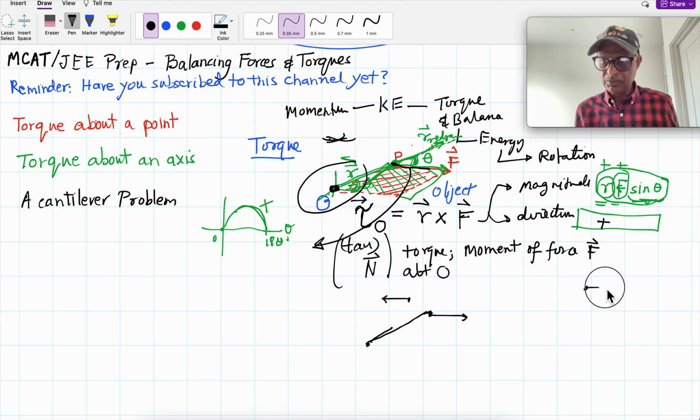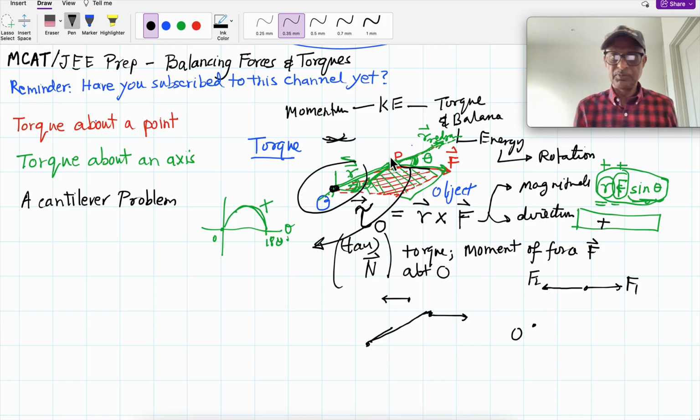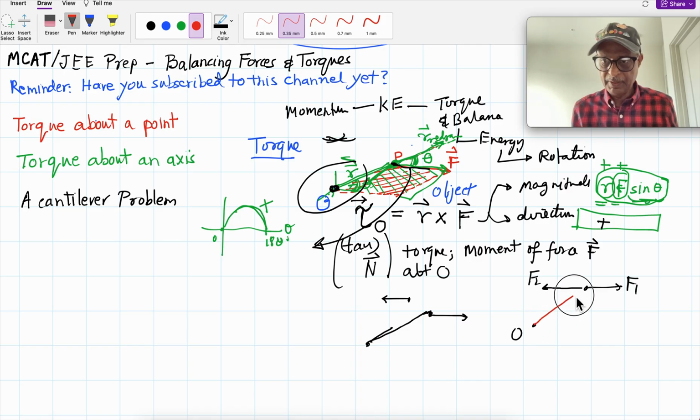So you have a force F1 and another force F2, and that's the point O. They have the same r. F1 is trying to rotate it this way, and F2 is trying to rotate it this way. So if we call this plus, then this is minus, or vice versa.